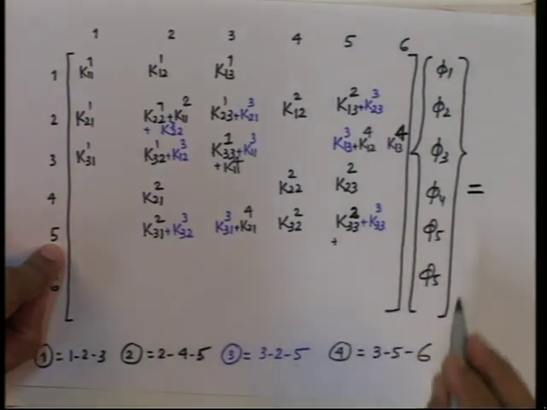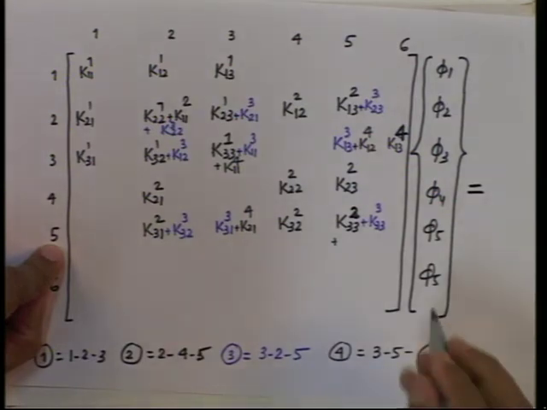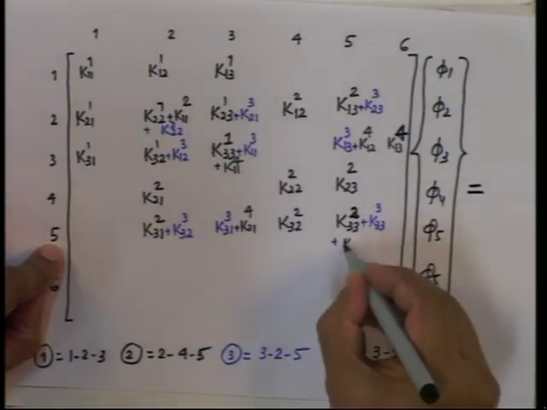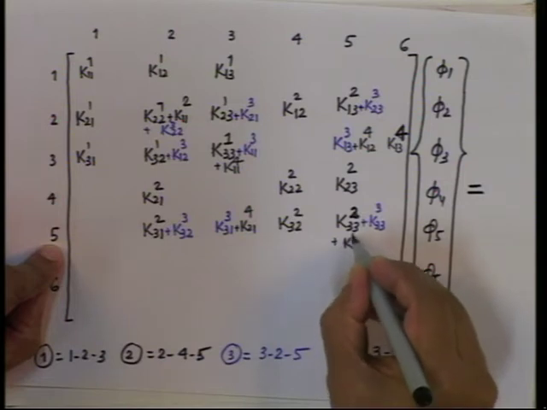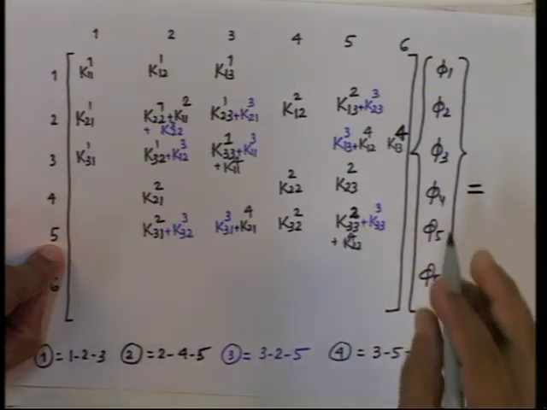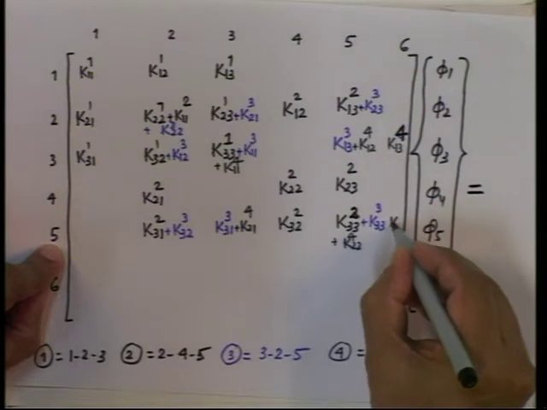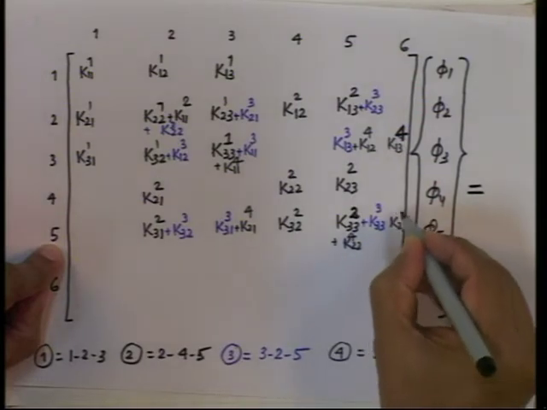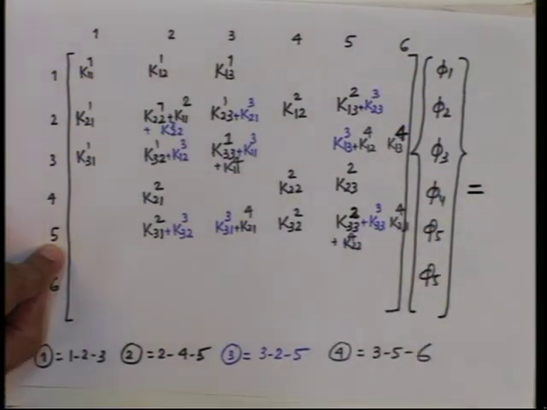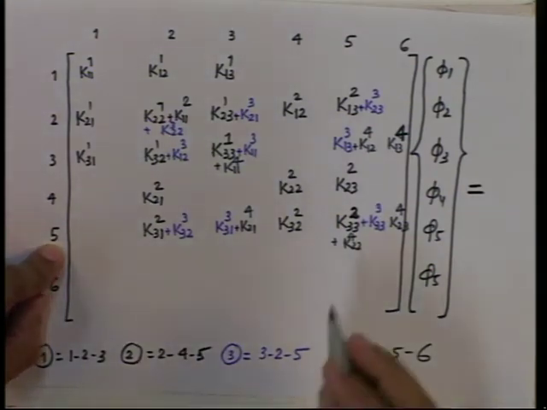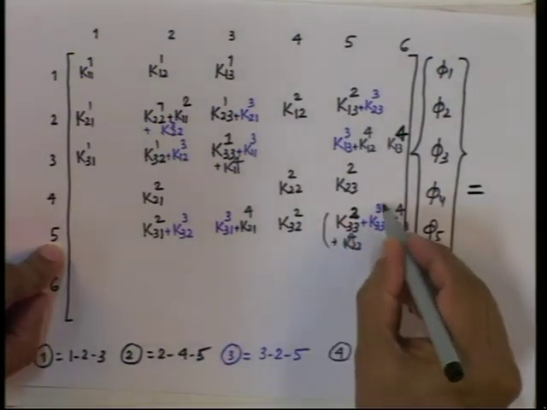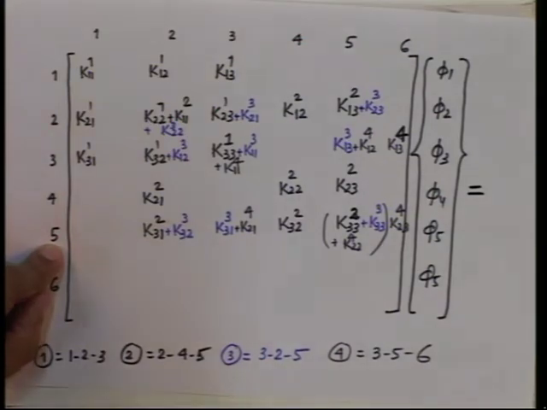Then the fifth one is k 2 2 4 and then the sixth one k 2 3 4. I think this one.